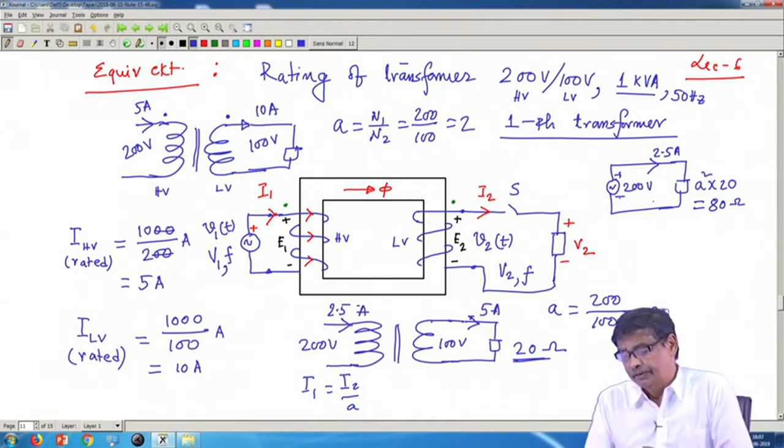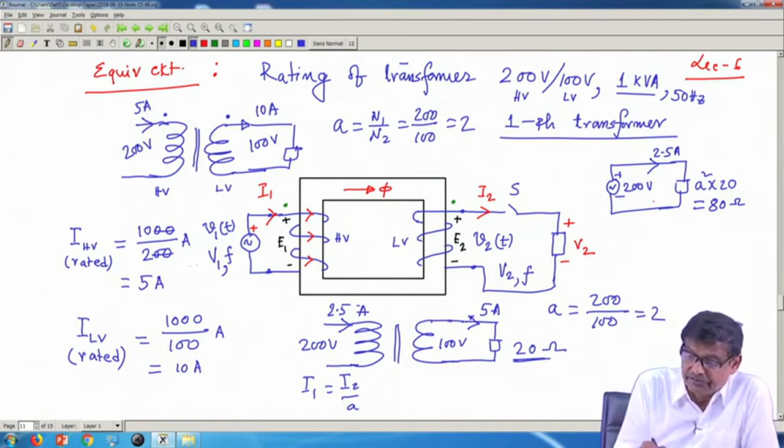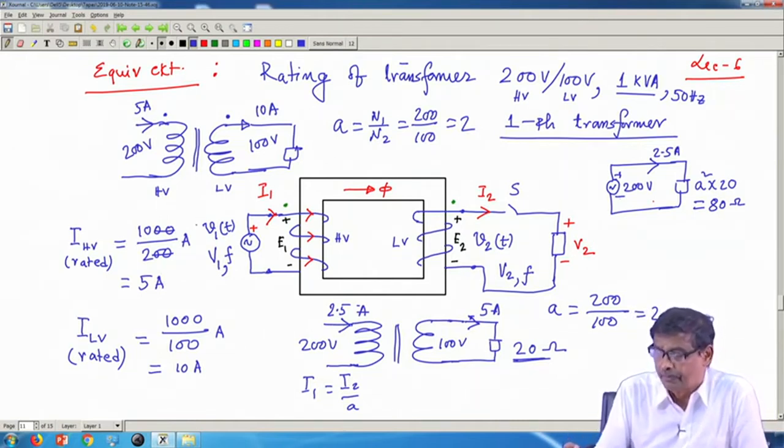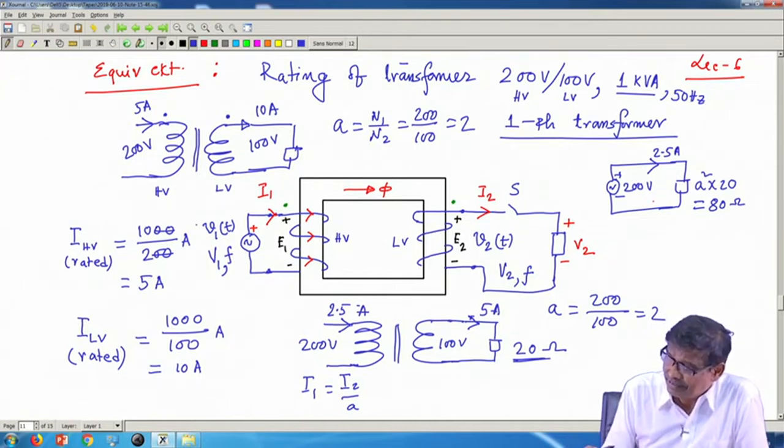Here I am underutilizing the transformer. It can deliver a current of 10 ampere, but I have connected 20 ohm. This I can always do.